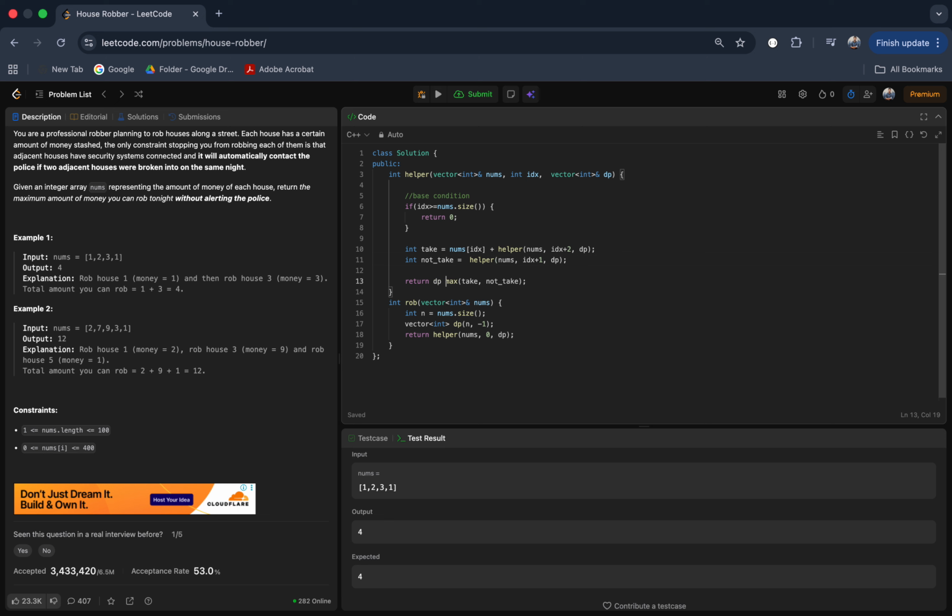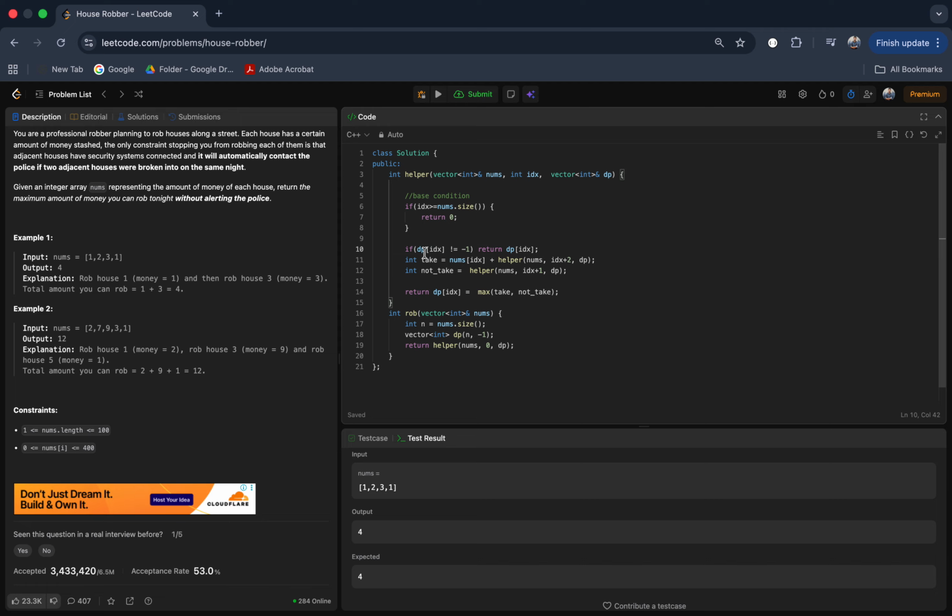And here we will just assign our value, and if we find that the dp of index is not equal to -1, as we have initialized it earlier by -1, then we have assigned some value to the index. That means we have already calculated it for this index value.